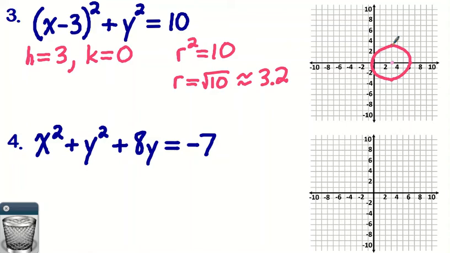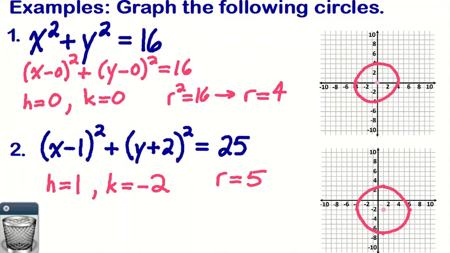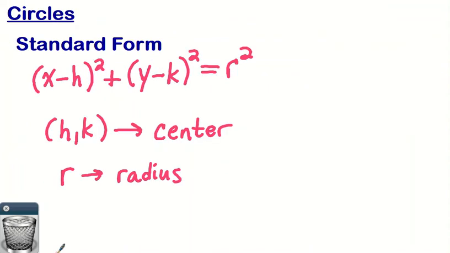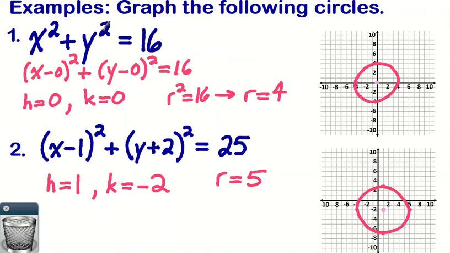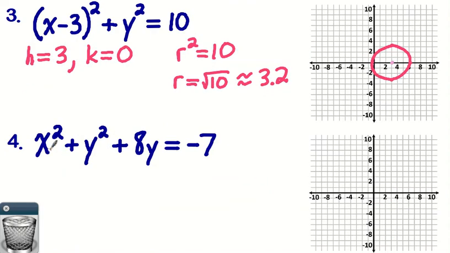Now let's pick it up a notch with number 4. Number 4, if you notice, is not written in this nice standard form where you have a bubble squared and a bubble squared. Even if it was just y squared, that would still sort of fit, because it'd be technically y minus 0 squared. But this, oh man.